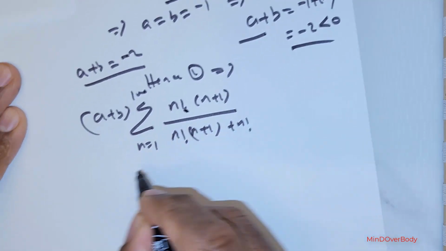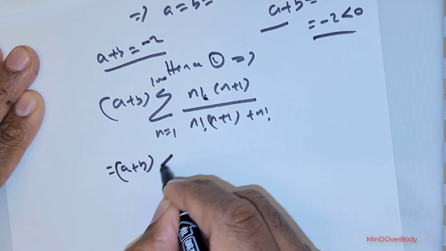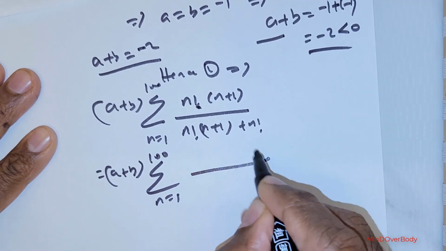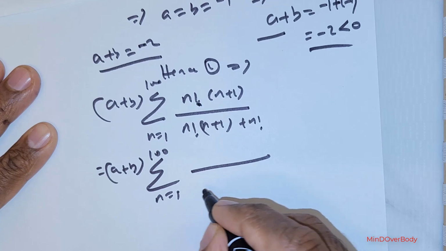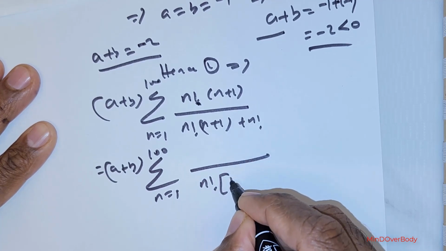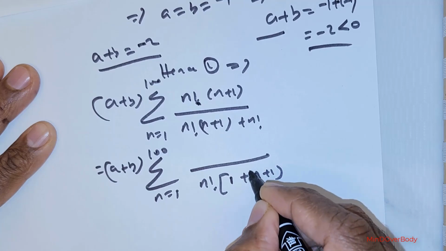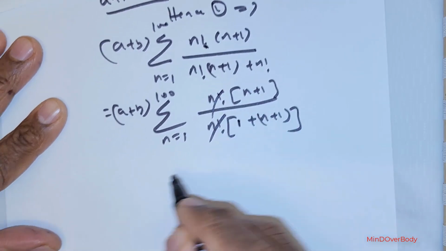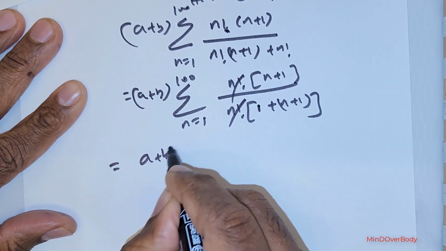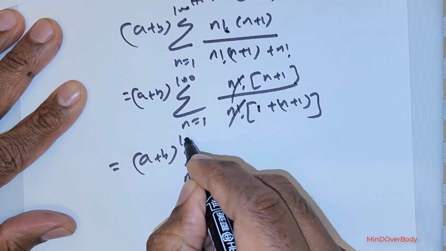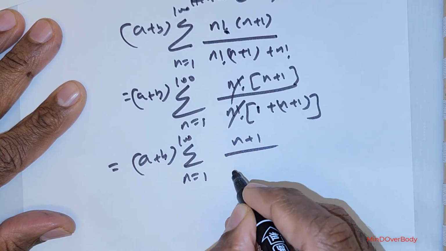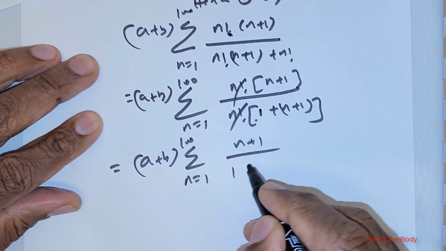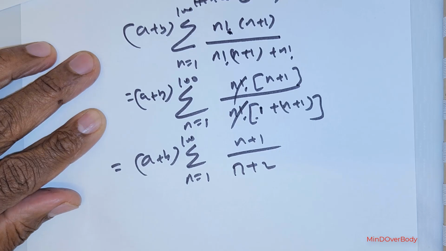So this is further equal to (a + b) Σ n = 1 to 100. Now I can take n! out, right? So I would get 1 + (n + 1), and over here you have n! times (n + 1). So these two can be cancelled, giving me (a + b) Σ n = 1 to 100 of (n + 1) divided by, this is n + 1 + 1, so this is going to be (n + 2). So this is what I've got.